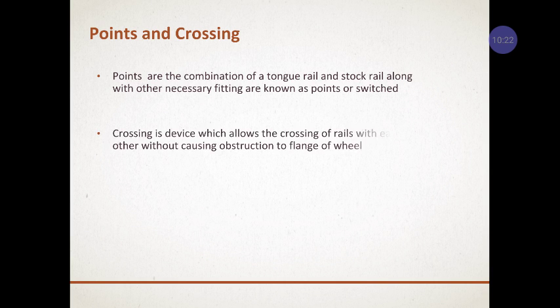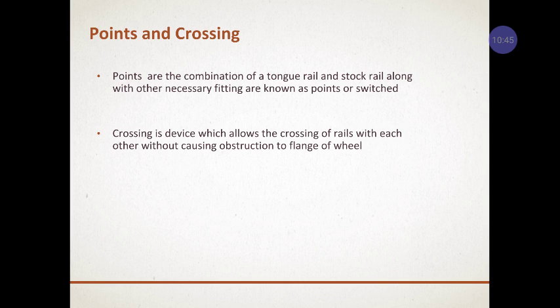Once again, the crossing is a device which allows the crossing of the rails, because if we don't provide those gaps, we can't divert our trains. It is not just moving on the tracks; it has a flange which is touching the side of the track.